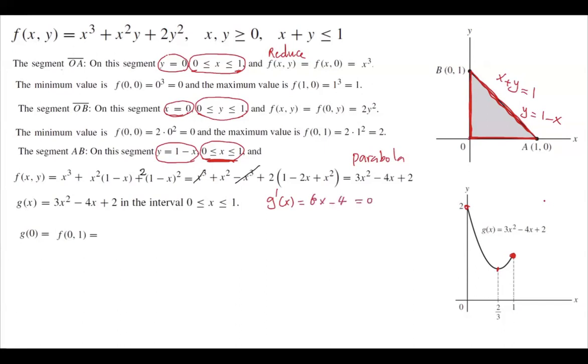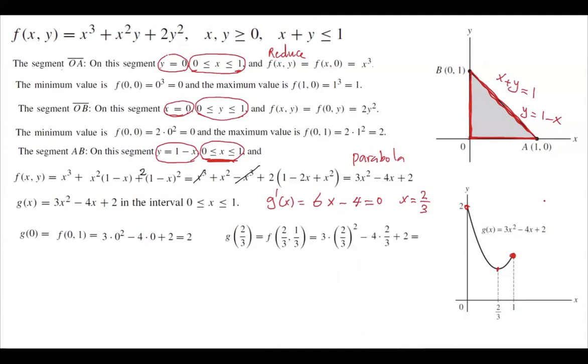And when you set it equal to 0, let me rewrite this nicely. 6x minus 4 and set it equal to 0. X is 4 over 6, or 2/3. Perfect. So this parabola at 0 is equal to 2. At 2/3, it's equal to 2/3.